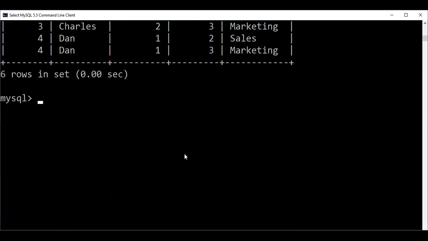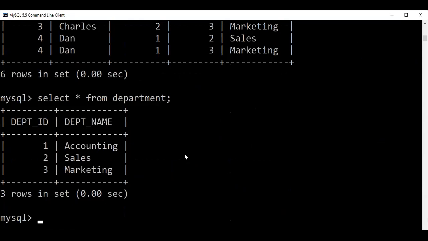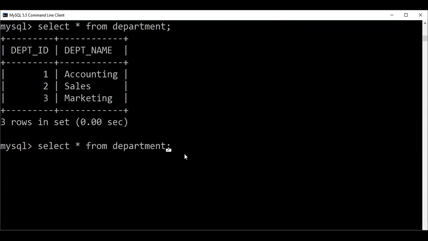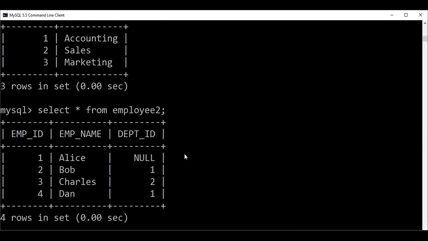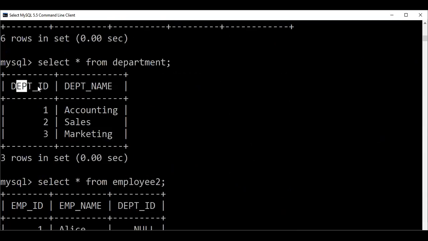Select star from department. You can see here, how many records? 3. But if I select star from employee 2, not employee 1, you can see the information we are getting. Here it is department ID, same thing. Employee ID, Alice, null, same thing.